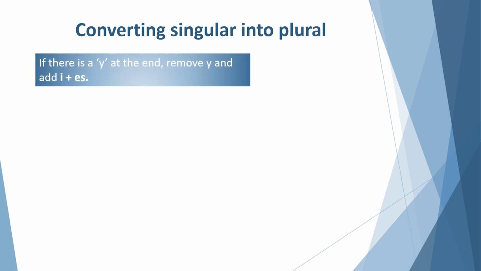Remember, if there is a Y at the end, remove Y and add I plus ES. For example, country becomes countries. Lady becomes ladies. Family becomes families.